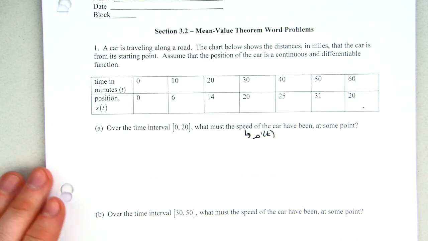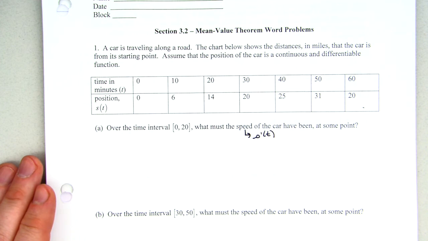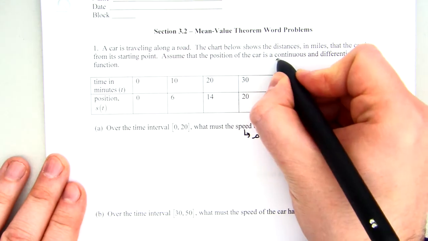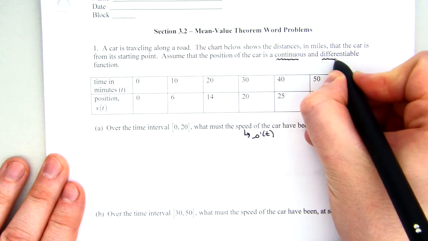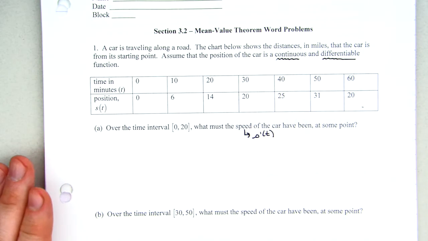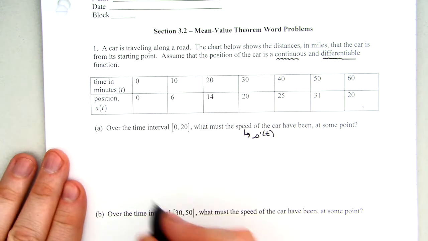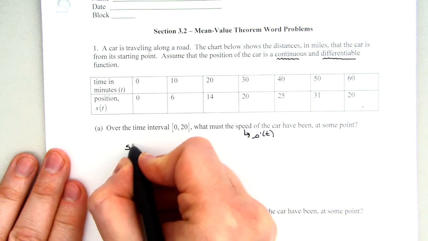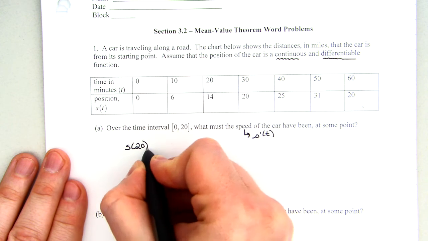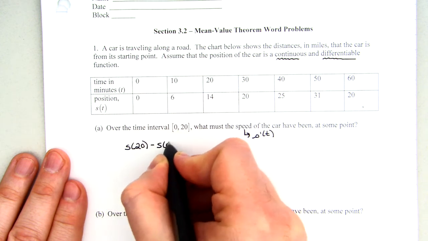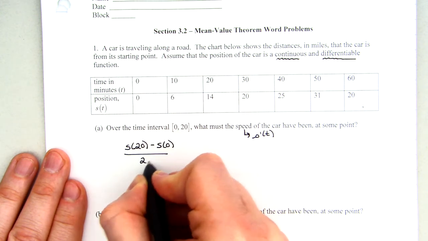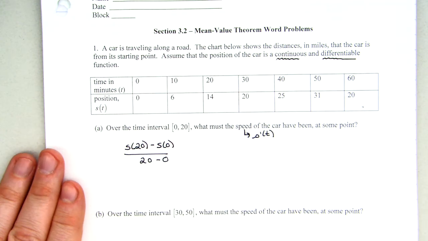Is the position of the car continuous and differentiable? Yeah, sure it is, because it said that in the statement of the problem. I'm not asked to justify things. I think I can just go and start doing that calculation. Somewhere the derivative has got to equal the position at time 20 minus the position at time 0 over 20 minus 0.